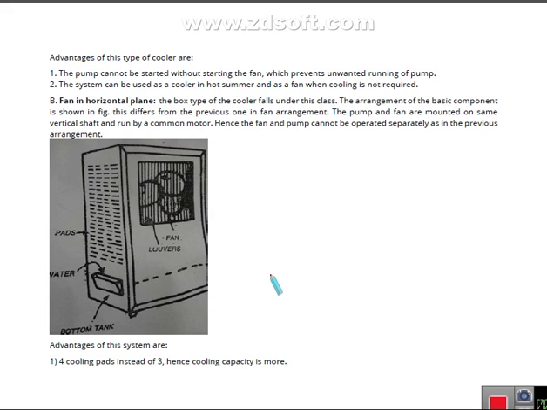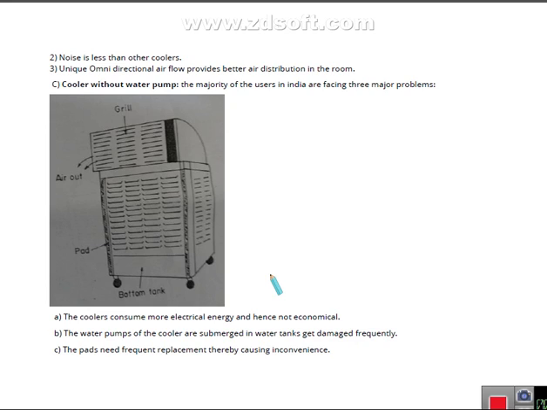And the last part is our coolers without water pump. In this type of cooler, the horizontal blower is used, and there is a condition of having no space to place a desert cooler.